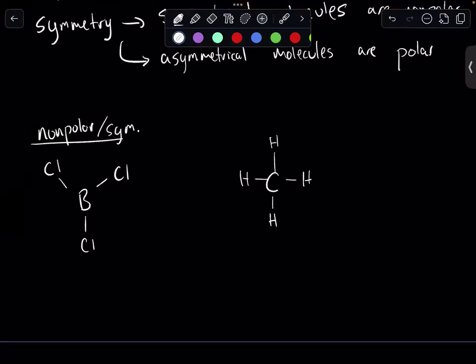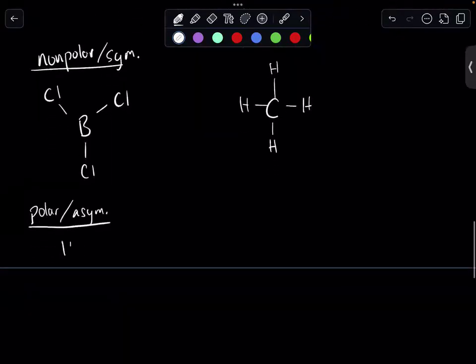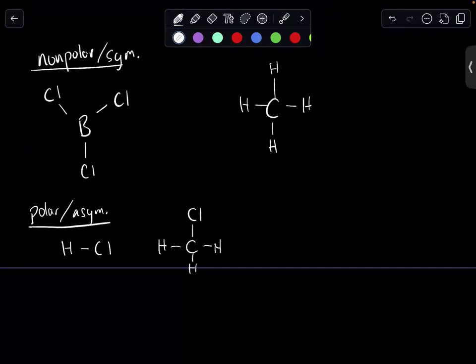If we look at some asymmetrical, so some polar or asymmetrical, we have examples like our HCl. We have another example like carbon dichloro dihydro, or carbon dichloro dihydride, or you know what, that doesn't make sense.